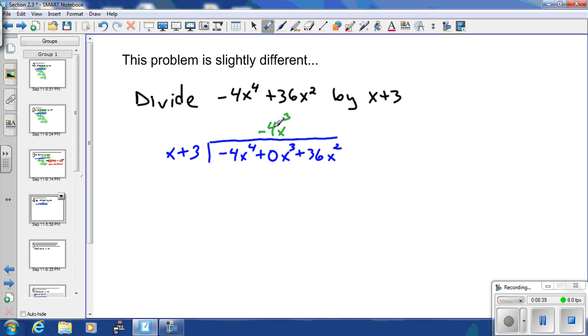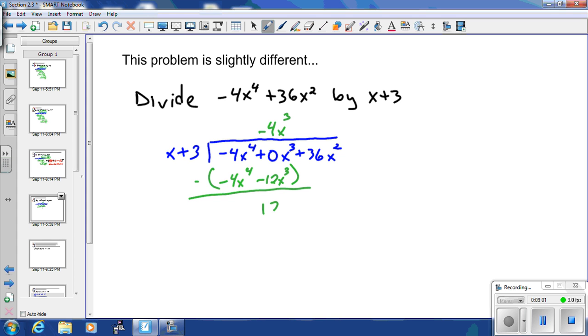Multiply x times that to give me negative 4x to the fourth. Now I'm going to take this times both things out in front again. Negative 4x to the fourth, and that would give me minus 12x cubed, which gets subtracted. These cancel.